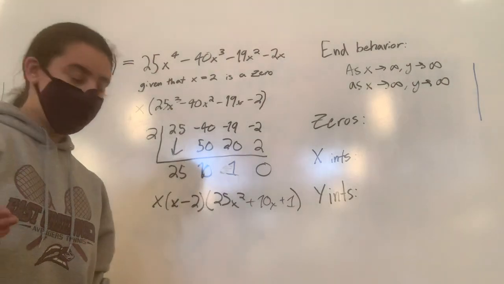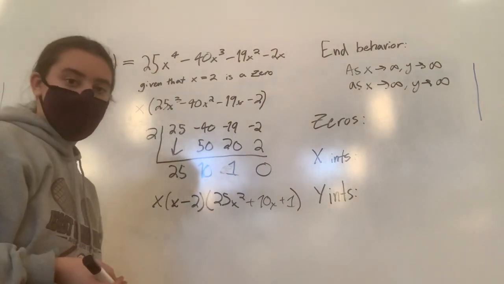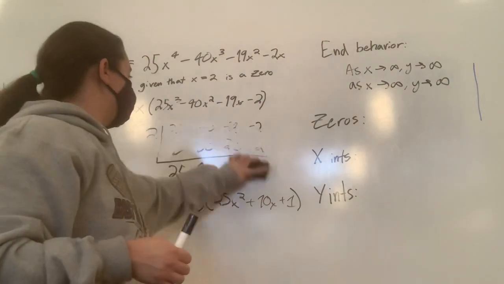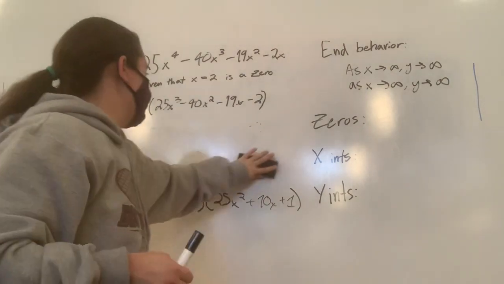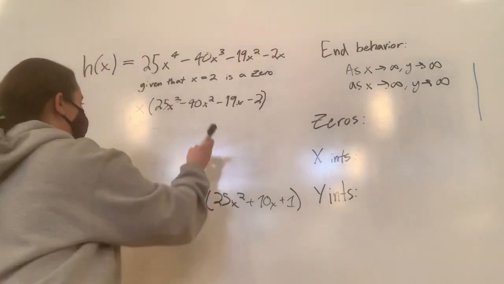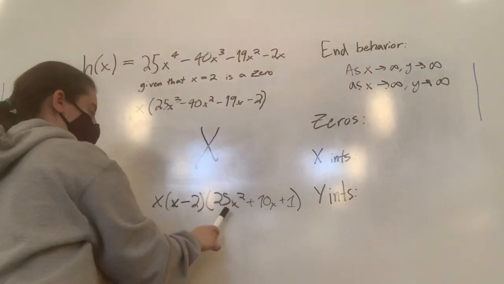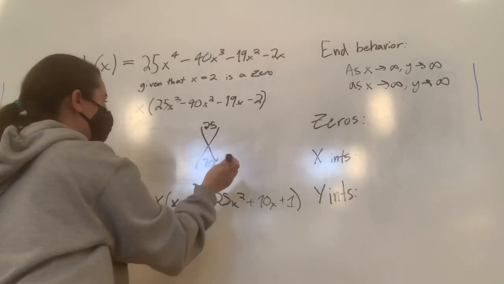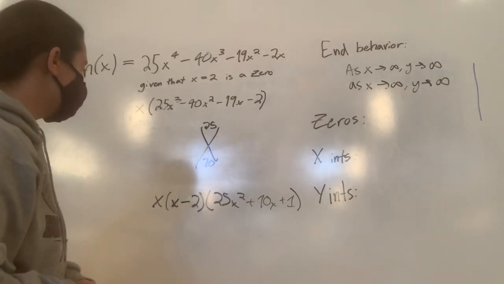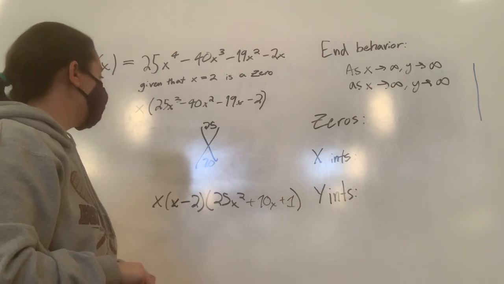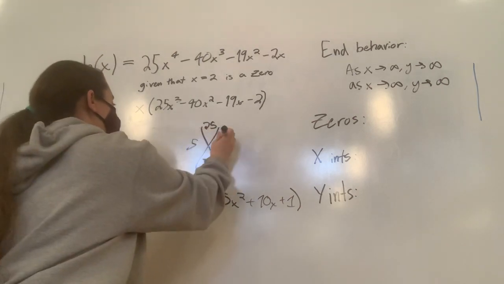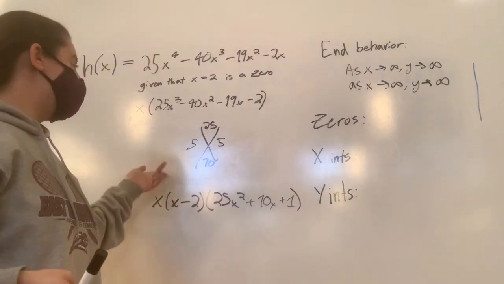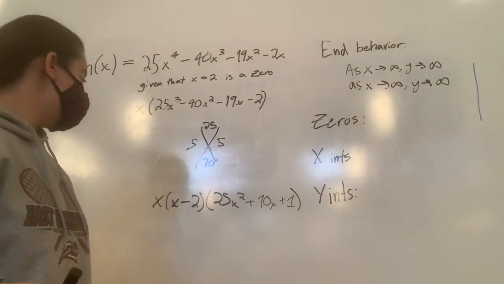And now we have a quadratic, so we can factor this. We take 25 times 1 up here, and we put 10 over here. Our factors are going to be 5 and 5, because 5 times 5 equals 25, and 5 plus 5 equals 10.